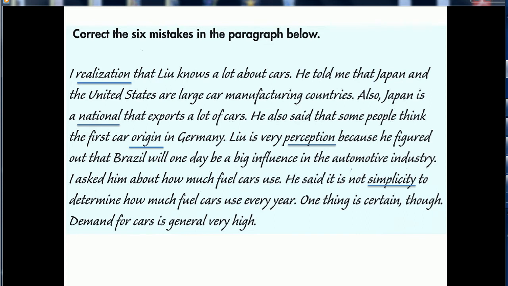You found it, didn't you? Right, it's general. Demand for cars is generally very high. Instead of general, we need generally. Okay, we're done. Well done, guys. All right, keep going.